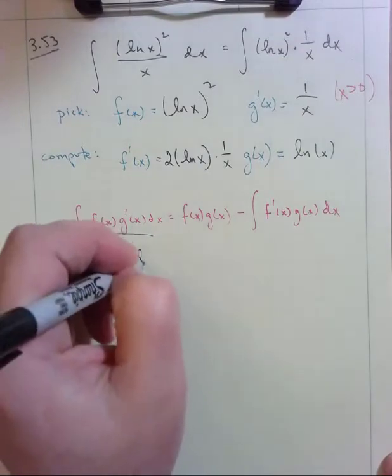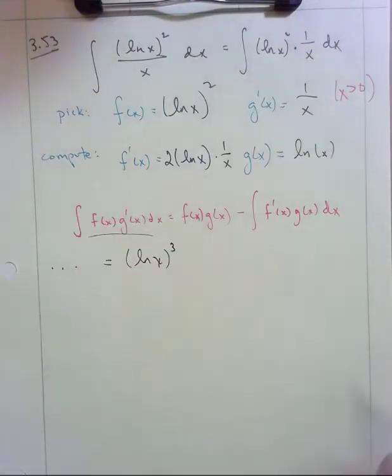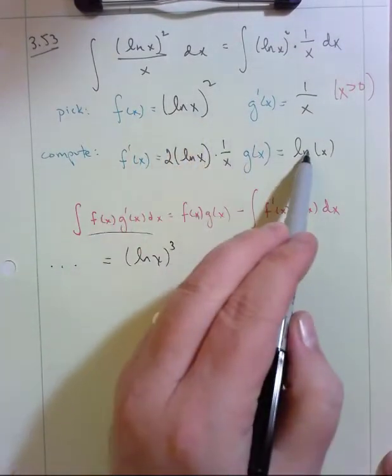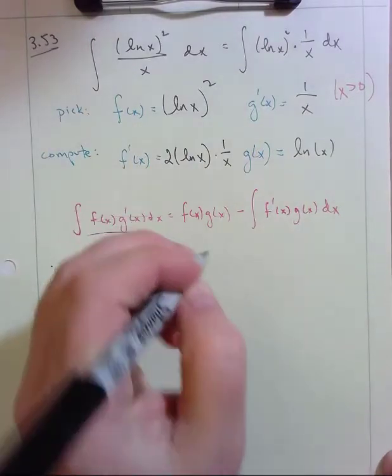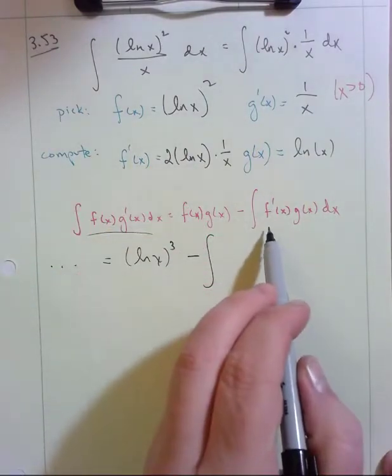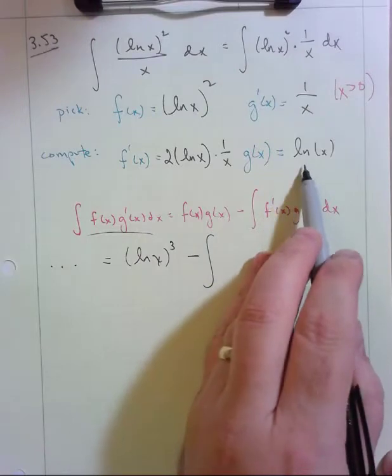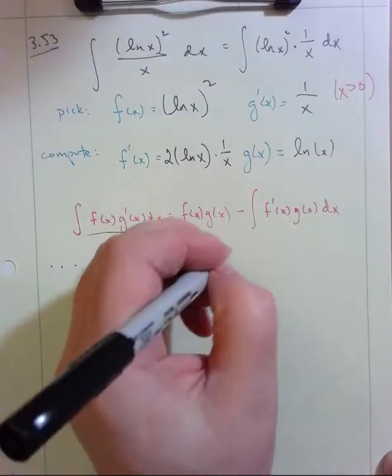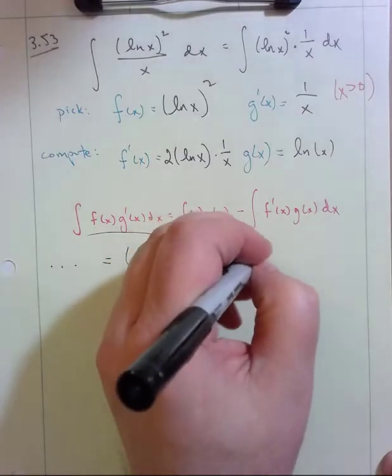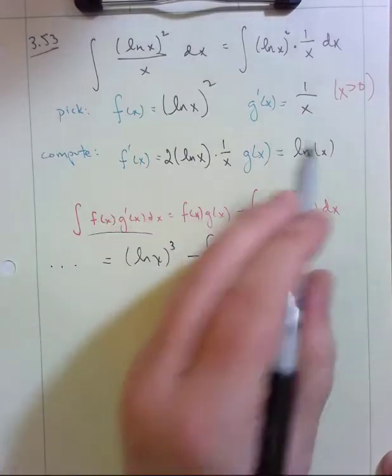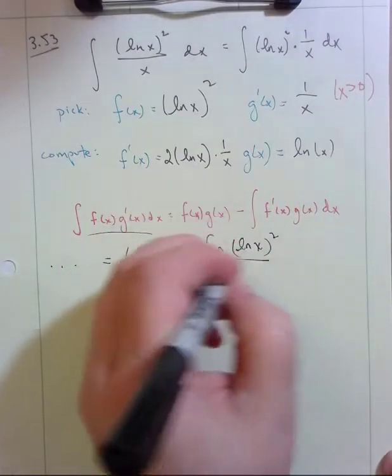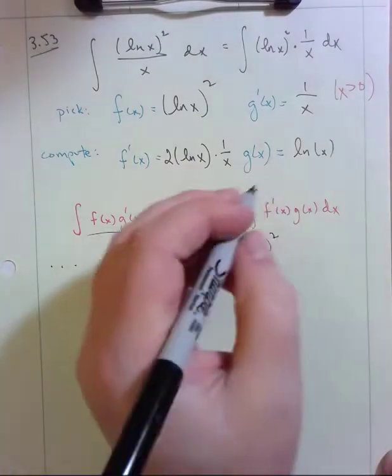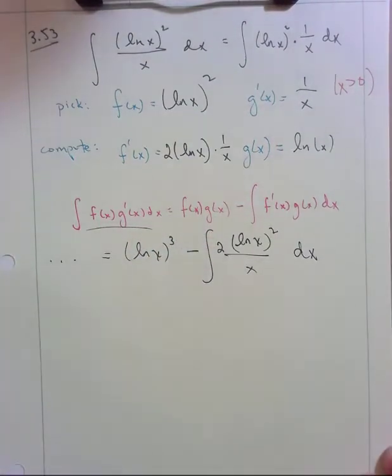Well, that's a natural log cubed, right? This times this, natural log cubed, and then minus the integral of f prime g. And when I multiply this by this, I'm going to have 2, natural log of x, 2 of them, squared, and then my 1 over x, I can just mush it back all together with the dx.